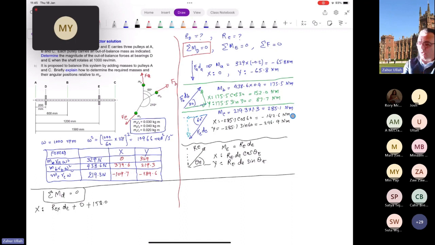So you will add all the X components here. So this is 142.6. And if you add all these three, it should give you 0. So you know DE, which is the distance from D to E, which is 1. So in this equation, the only unknown is REX. So you will be able to calculate REX here.